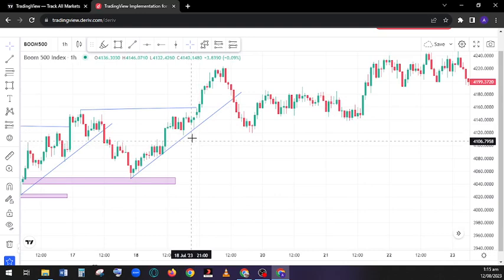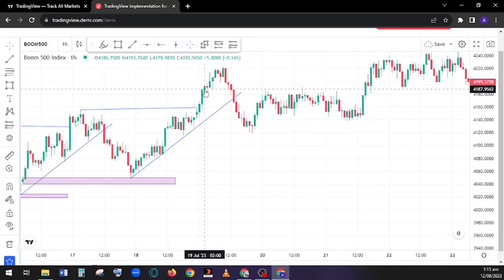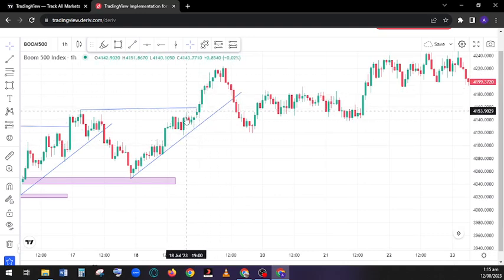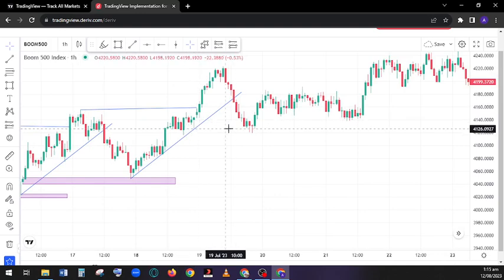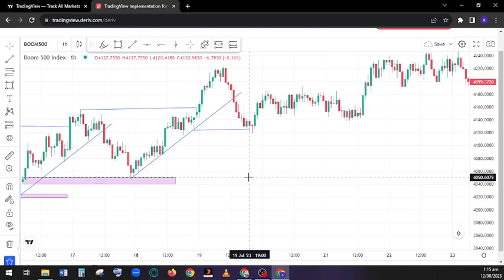So here also, what's our inducement? This is not a valid pullback, this is a valid pullback here. So this is our inducement over here. And remember, inducement, you don't need candle closure.